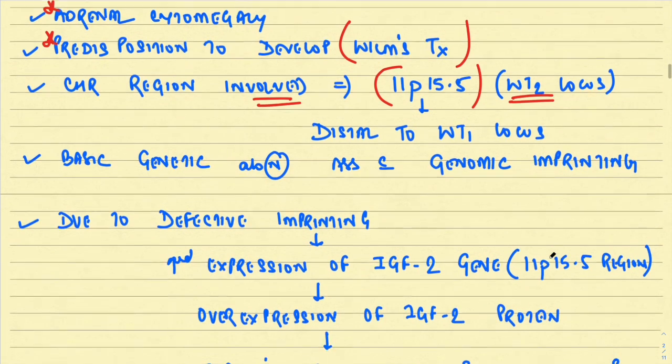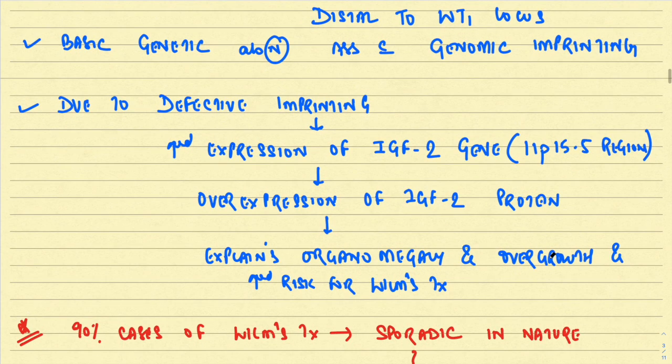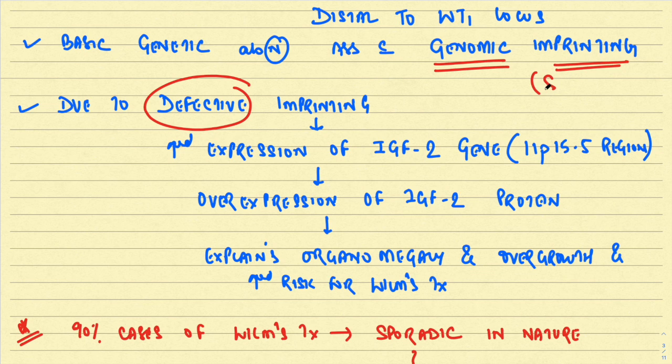The basic genetic abnormality associated with Beckwith-Wiedemann syndrome is genomic imprinting. Usually over here there is a defective imprinting taking place. Imprinting means silencing. This defective imprinting leads to an excessive expression of a particular gene called insulin-like growth factor 2 gene, which is located in this affected area, the 11p15.5 region.